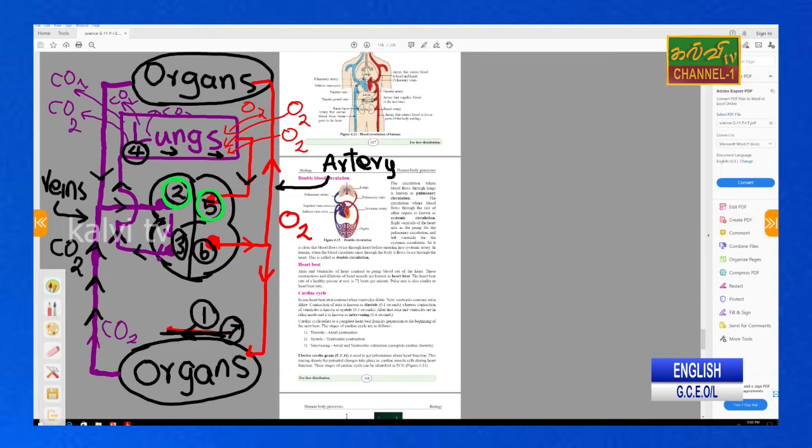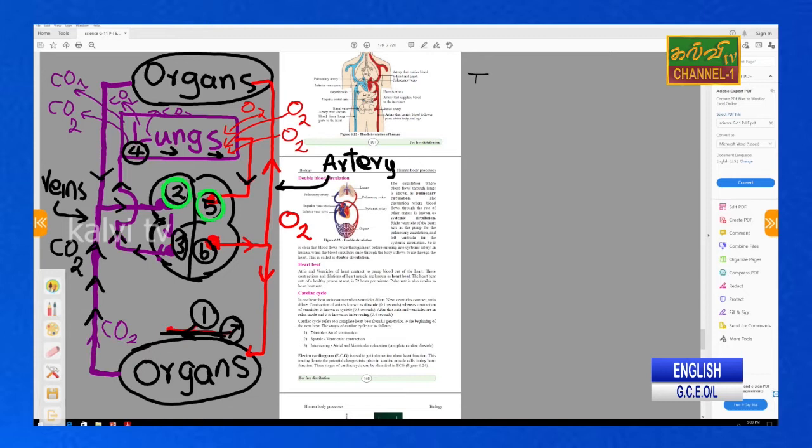When the blood circulates once through the body, the last sentence is very important. They mention the letter. I will write it here. Right, again.